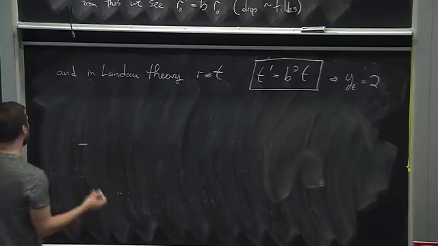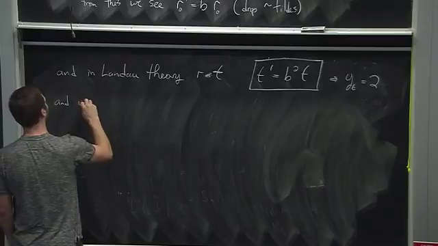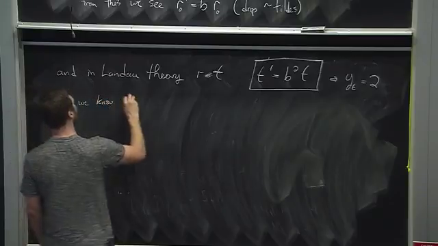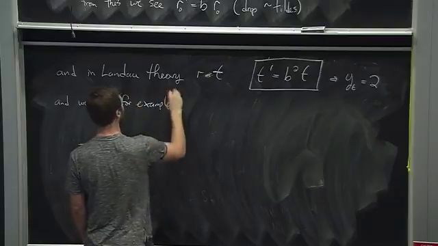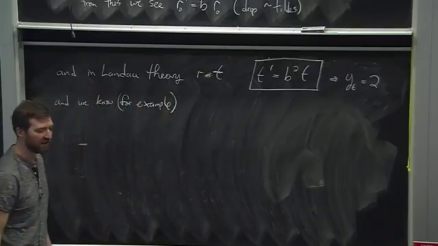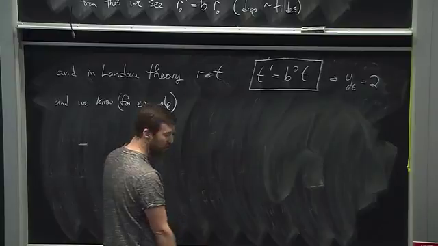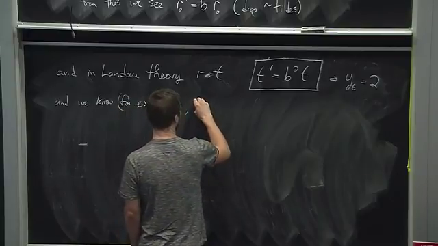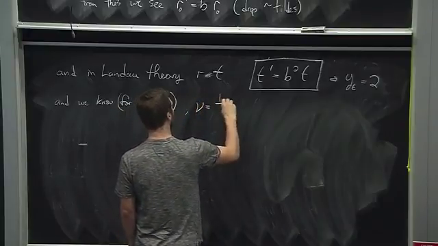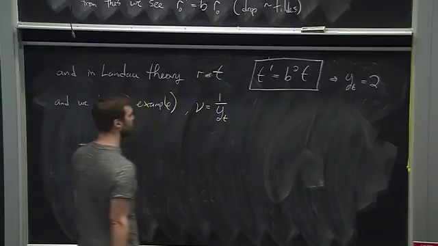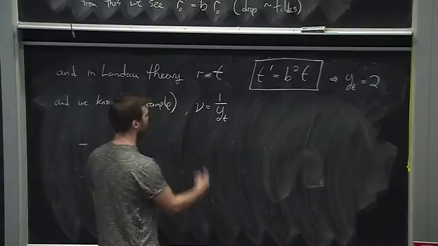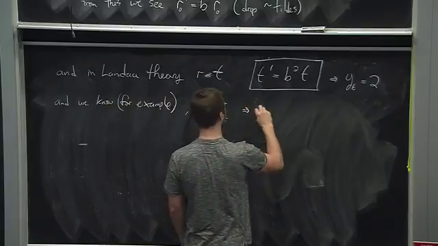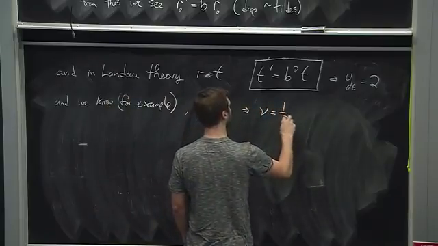And from our scaling hypothesis of the last few classes, your critical exponents, like nu, are related to these scaling dimensions. So now we know that in the Gaussian theory, nu is 1/2.